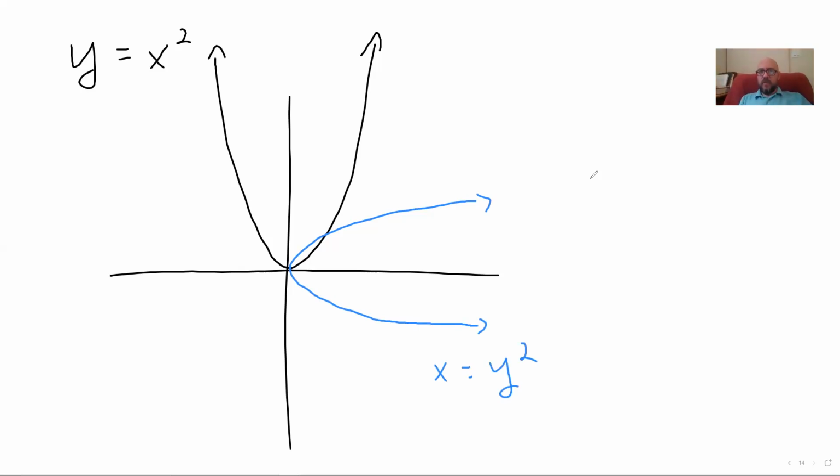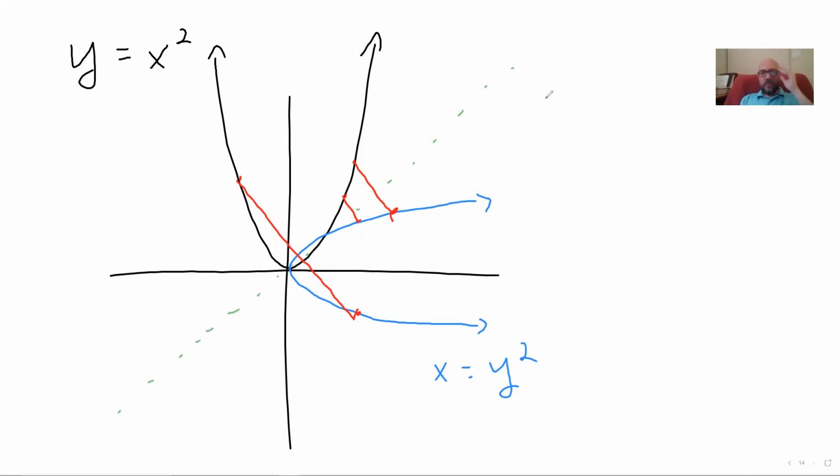Where this follows the usual property of inverses, where if you reflect it through the line y equals x, the graph that you get when you reflect it is the graph of the inverse. So like this point right here goes to that point right there. And this point right here goes to that point right there. And this one right here maps to that one, right? And so y equals x squared does have an inverse, but the inverse isn't a function.